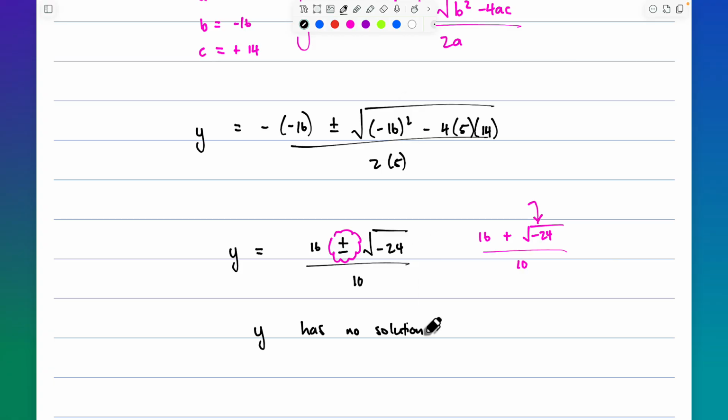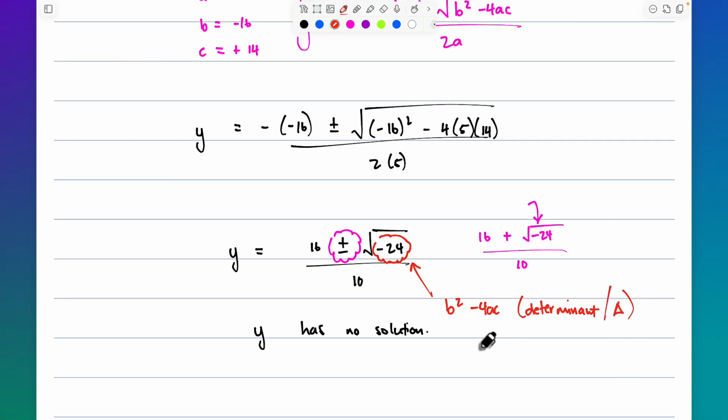So whenever the thing in the root has a negative, it means you have no solution. We call this expression, your b squared minus 4ac, the determinant. And we denote it with this little triangle sign over here.